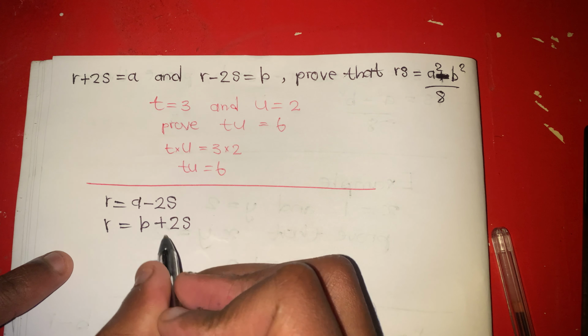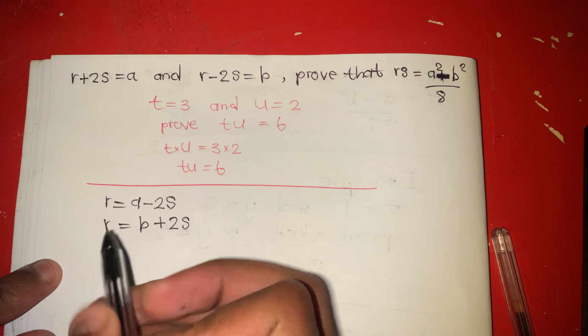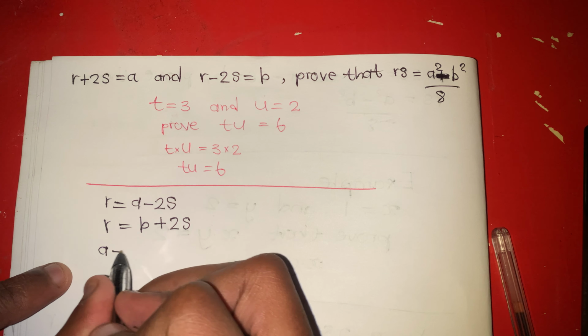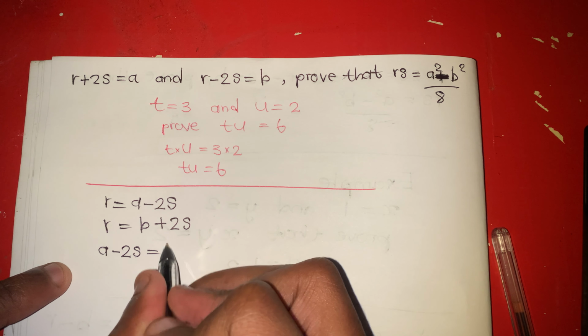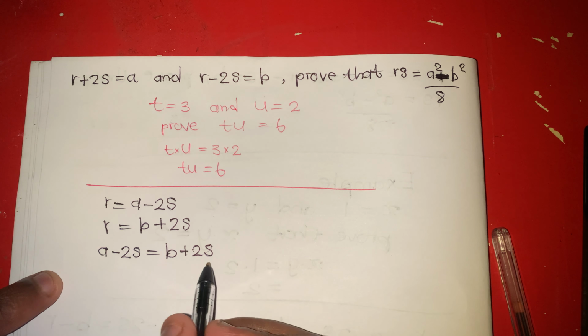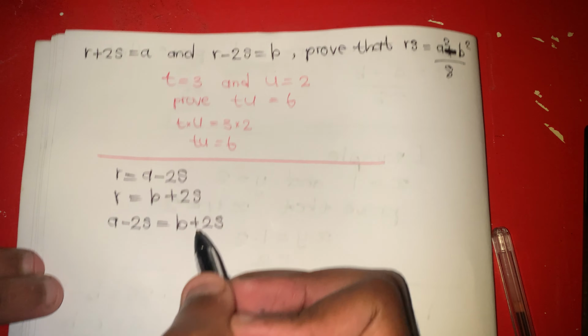We see this is r and this is r, so we can equate r together and say that a minus 2s is equal to b plus 2s. This is valid because r is the same value throughout.